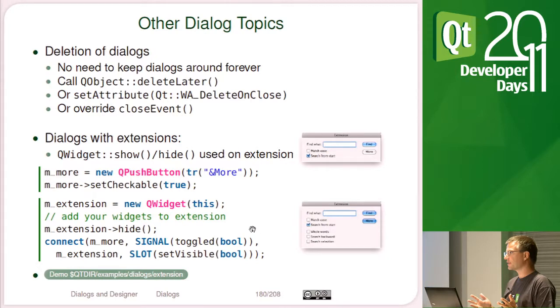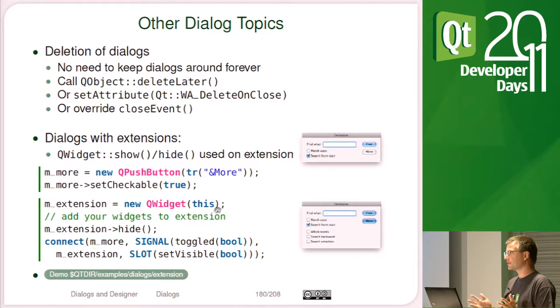Okay, so when we talk about modeless dialogs, we have to think about the lifetime of a dialog. We just bring it on top with the new operator, and this stays on top until the user closes it. And then we have to take care that the QDialog object gets deleted correctly.